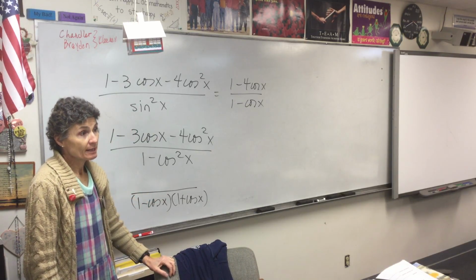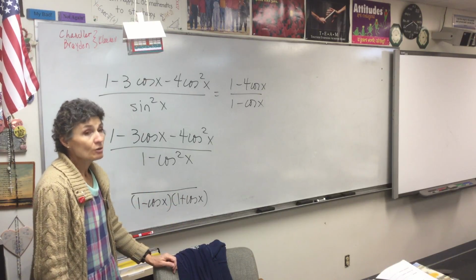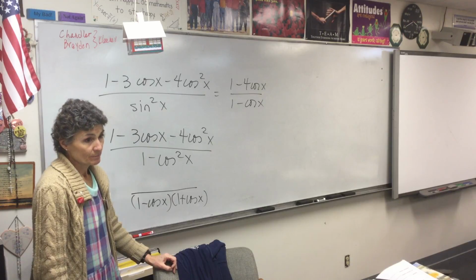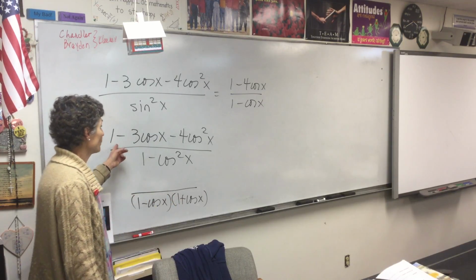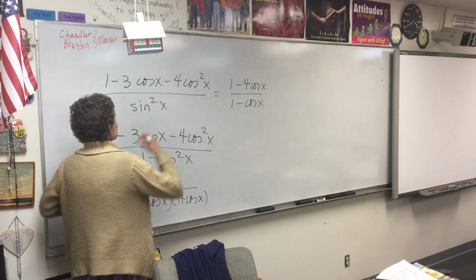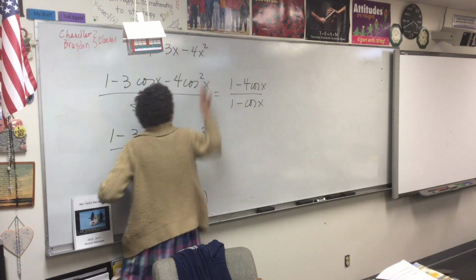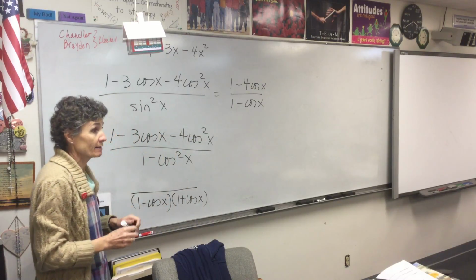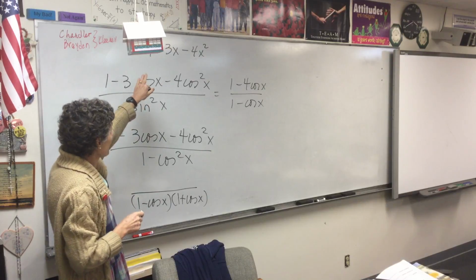Now I need you to take a big view of that numerator. That numerator factors. You gotta start picking up on that. That numerator is exactly the same as this. That's what you got. How would you factor that?